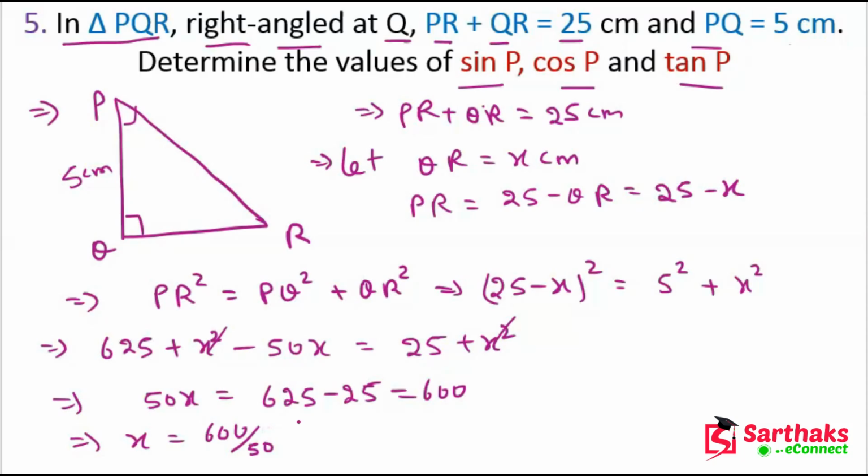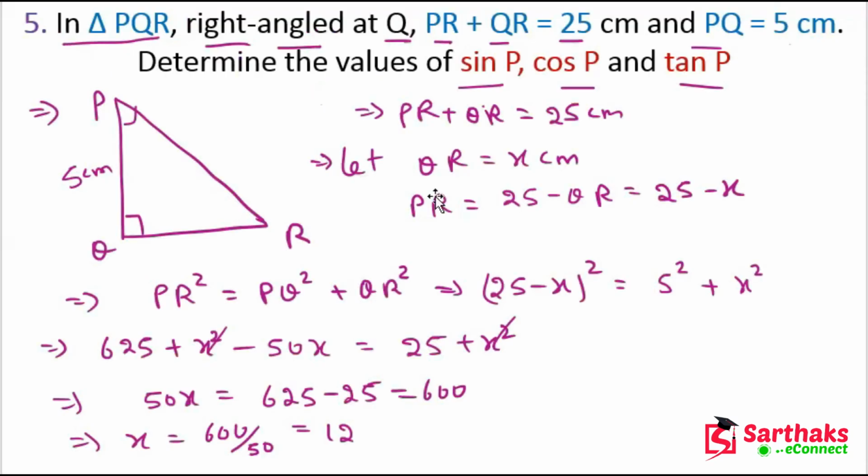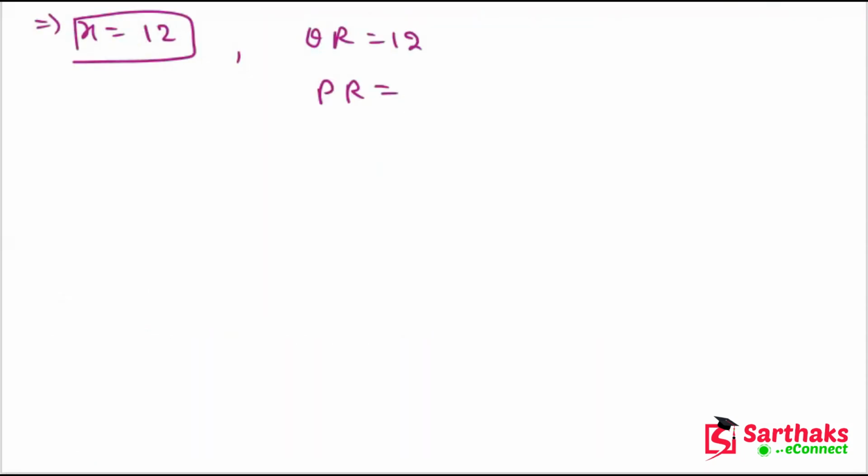After solving this we get 12. So x is equal to 12, which means QR is equal to 12, and PR is 25 minus 12, so we get 13 centimeter.